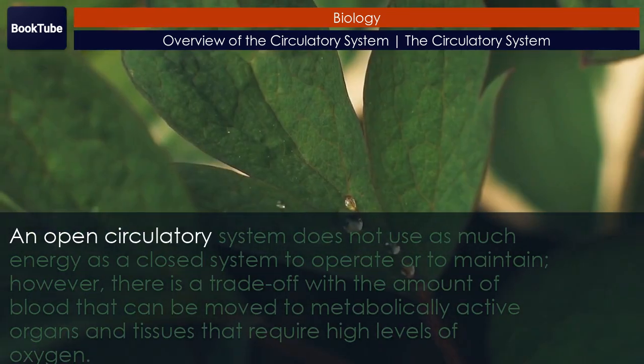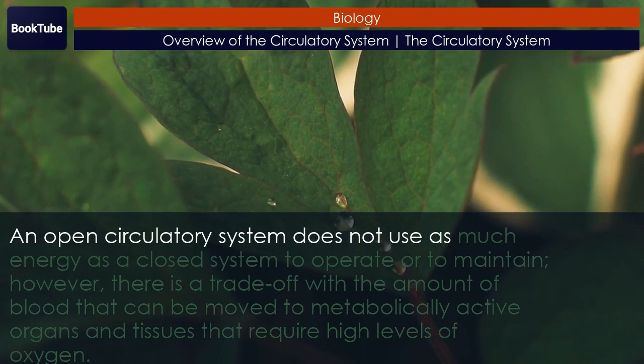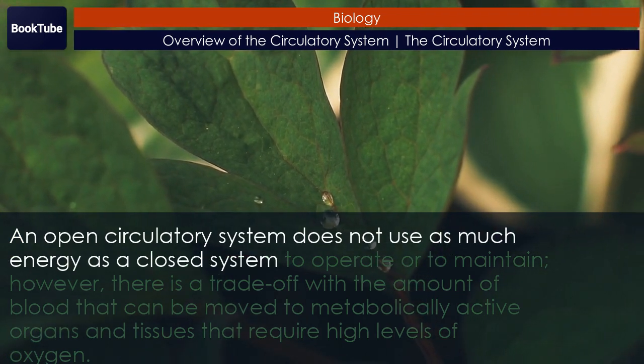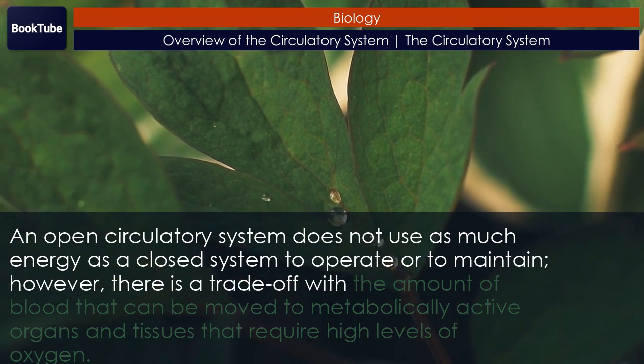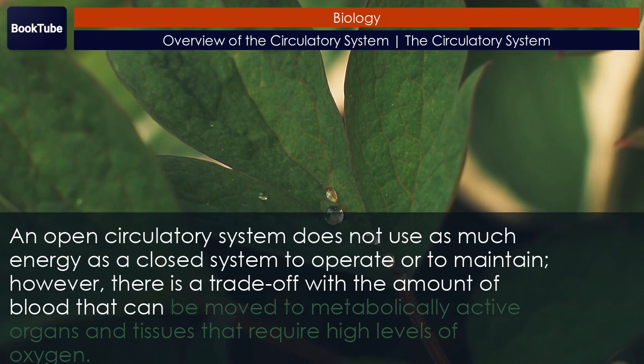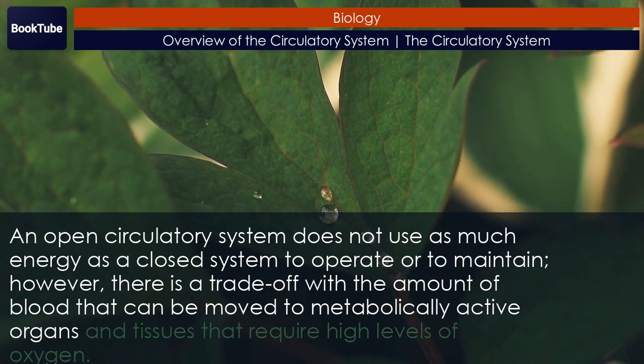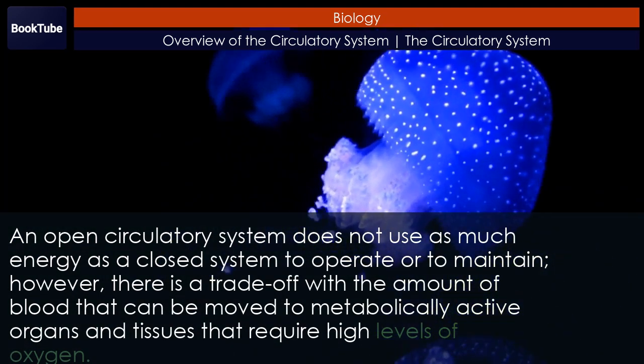An open circulatory system does not use as much energy as a closed system to operate or to maintain. However, there is a trade-off with the amount of blood that can be moved to metabolically active organs and tissues that require high levels of oxygen.